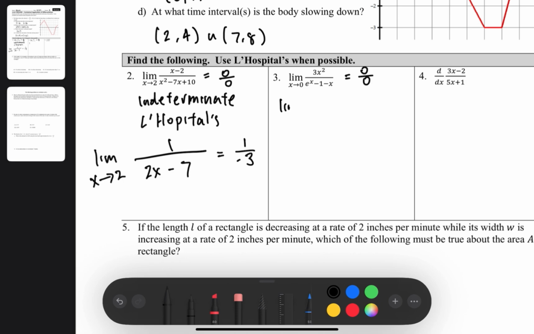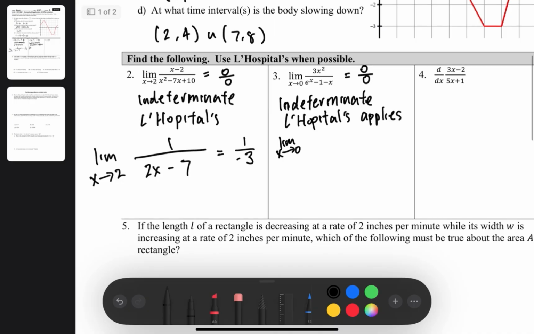So it's indeterminate. Taking the derivative of the top, we get 6x.